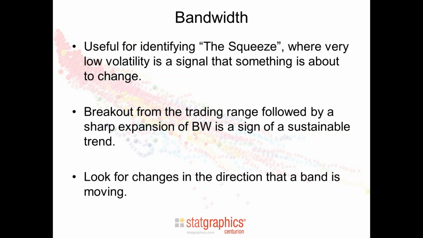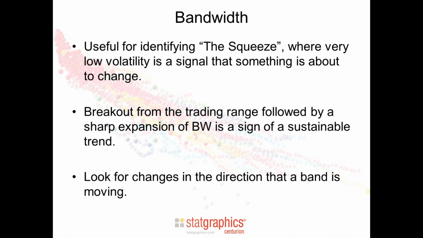The squeeze is a situation, and we'll see it on the plot when we go back there in a moment, where you've had very low volatility for some period of time. According to Bollinger, when you see this squeeze, it's a signal that something's about to change. Not necessarily a signal about whether it's going to go up or go down, but a signal at least that something's about to happen.